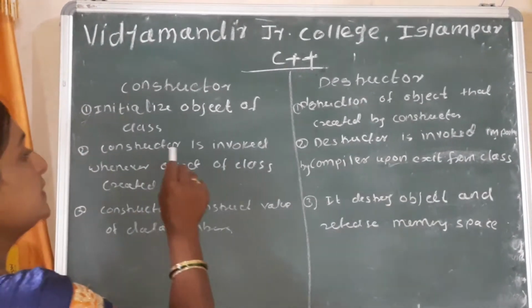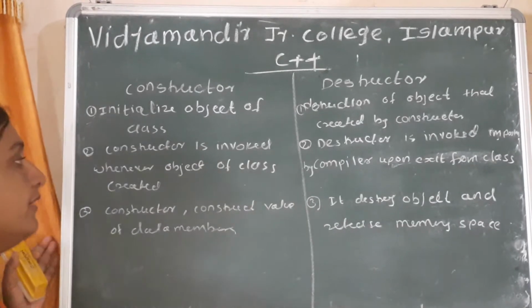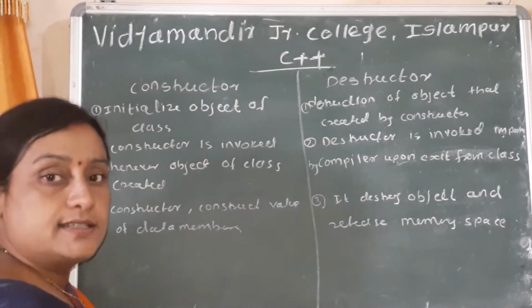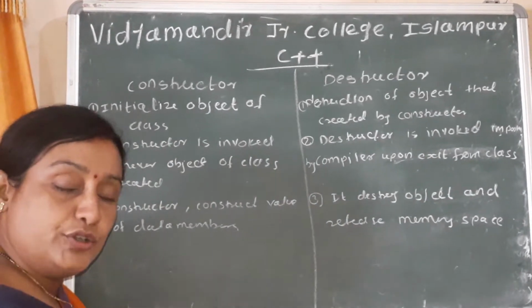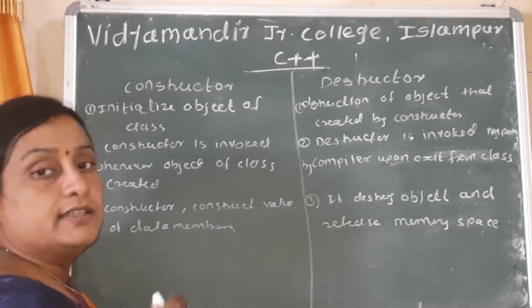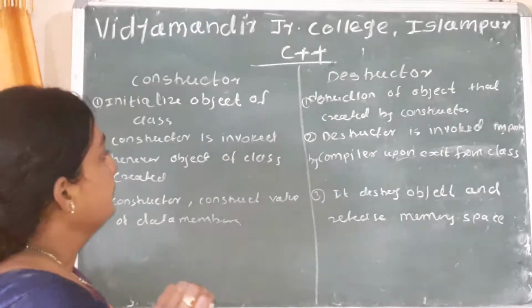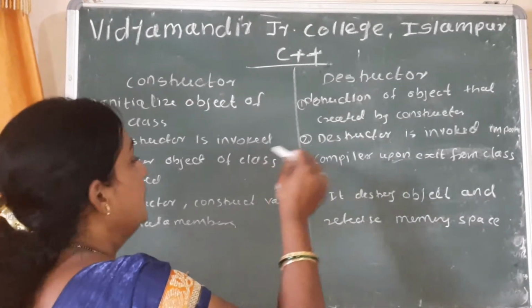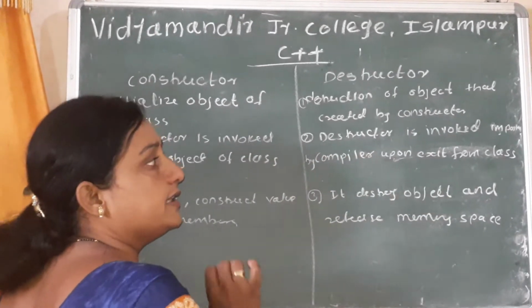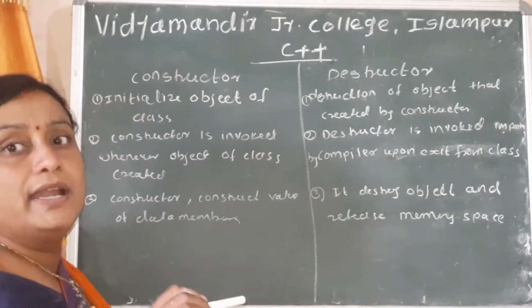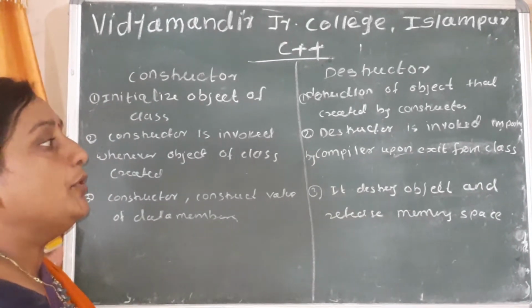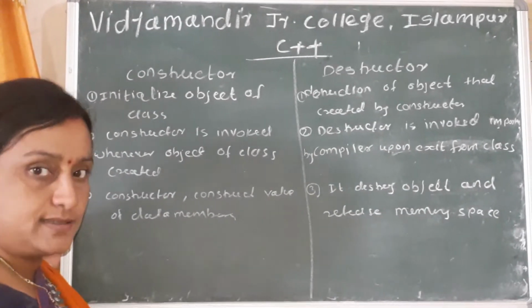Second, the constructor is invoked whenever the object of a class is created. When any object of a class is created, the constructor is automatically invoked. But the destructor is invoked implicitly by the compiler upon exit from a class.